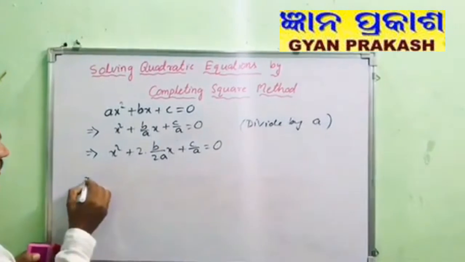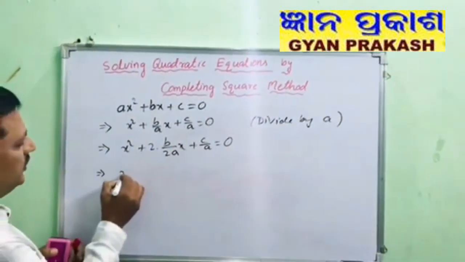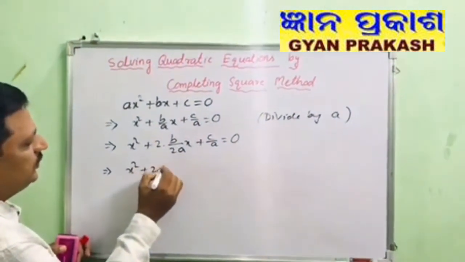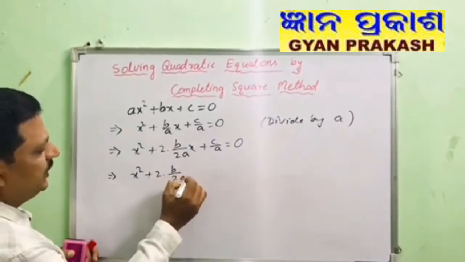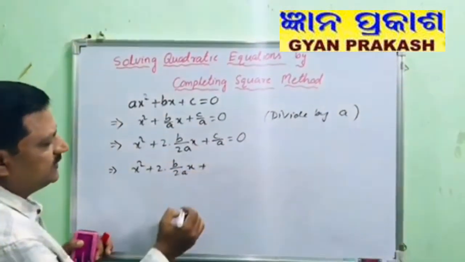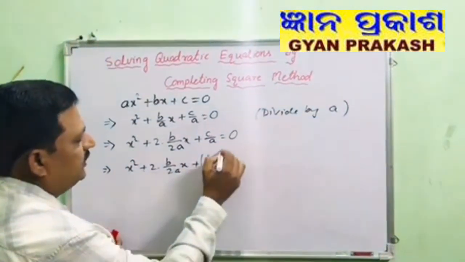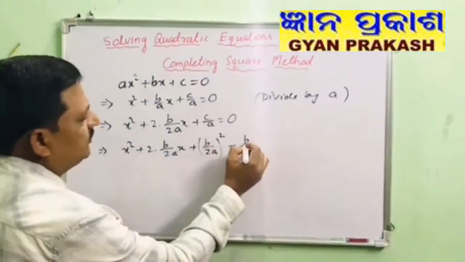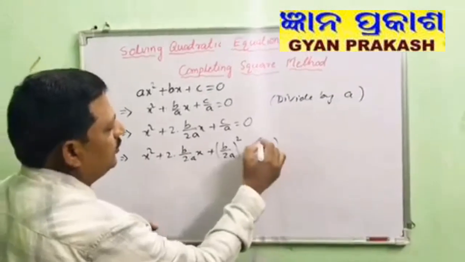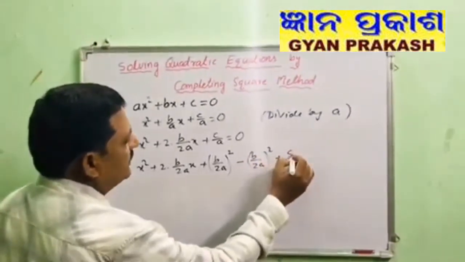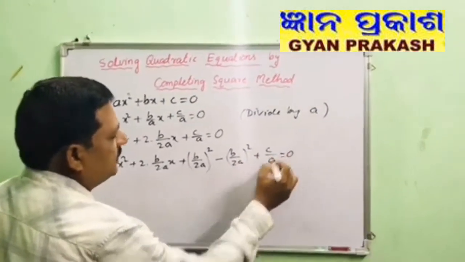Okay. Now x square plus 2 into b by 2a x plus b by 2a whole square minus b by 2a whole square plus c by a equal to 0.